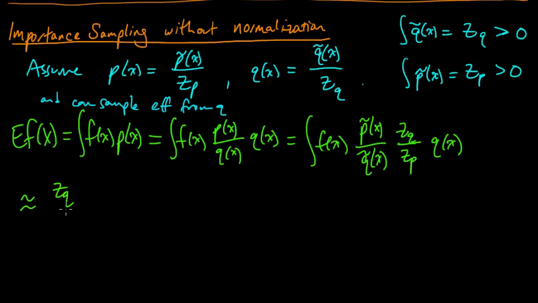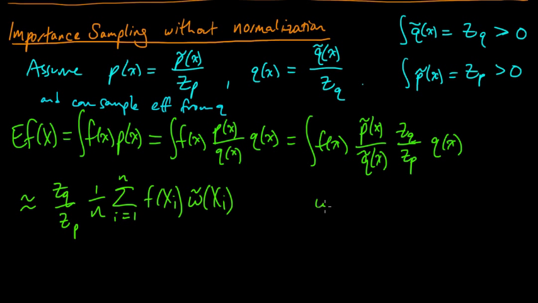Zq over Zp comes out, that's just a constant. And so this is 1 over n, sum as i goes from 1 to n. And now what do we have? We have f of xi times p tilde of xi over q tilde of xi. Let's call that w tilde of xi. So here, w tilde of x is, in some sense, the unnormalized importance weight.